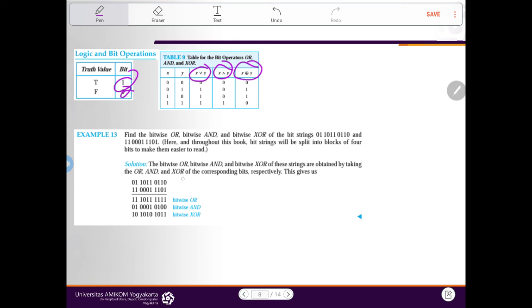I think this is the operation. For example, 0 1 or 1, 0 1 and 0, 0 1, so 1, like this, and so on.